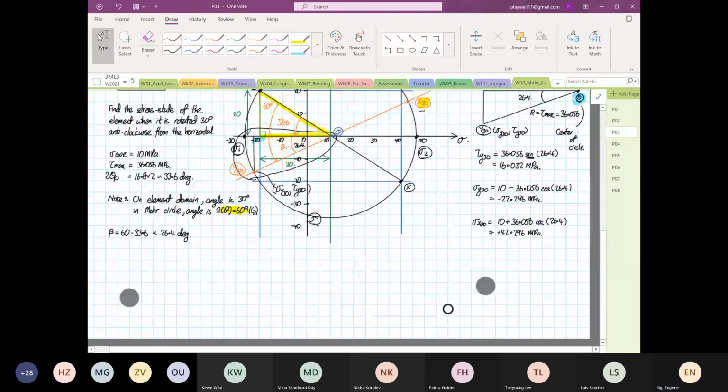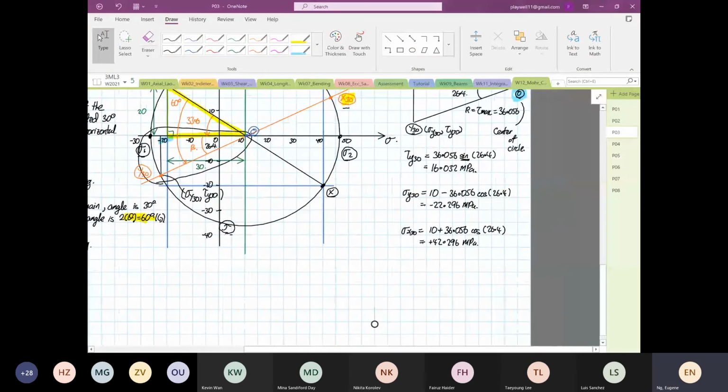Okay, so now we calculate what is the stress orientation when the element is rotated 30 degrees from the horizontal axis, 30 degrees anti-clockwise. We found our shear, our y30, our stress x30. Now we have to bring it back to the element again.